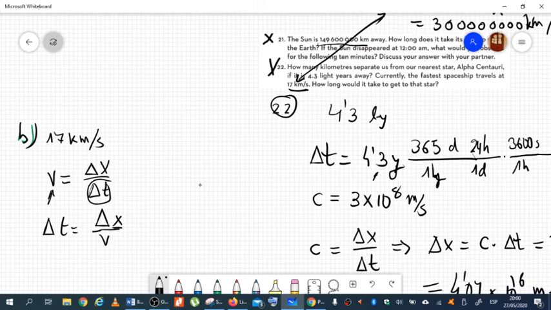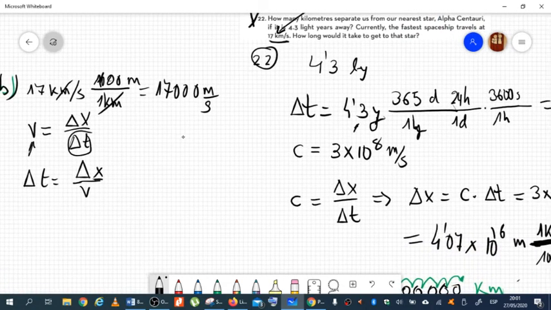This speed in the international system is 17,000 meters per second. Sorry, my handwriting is awful.